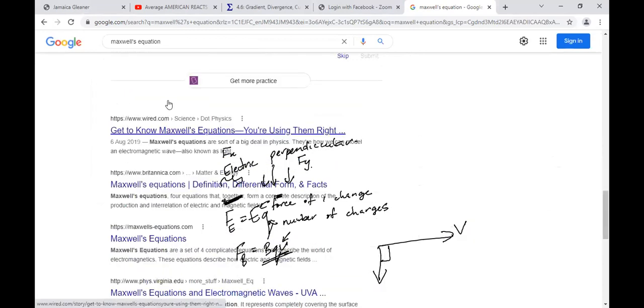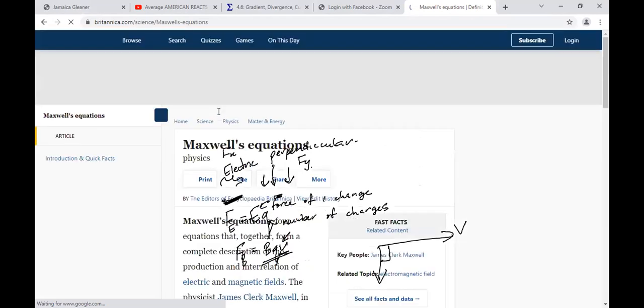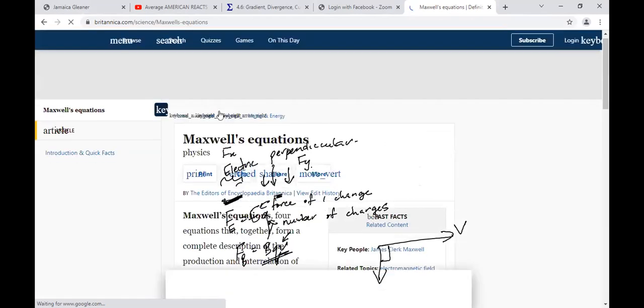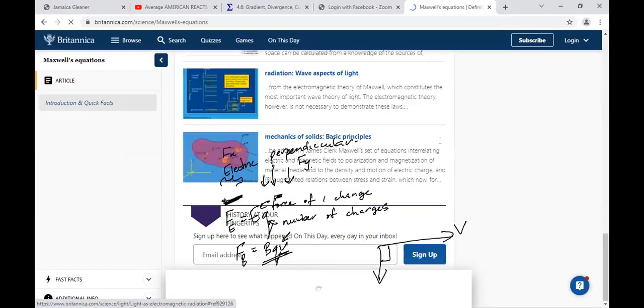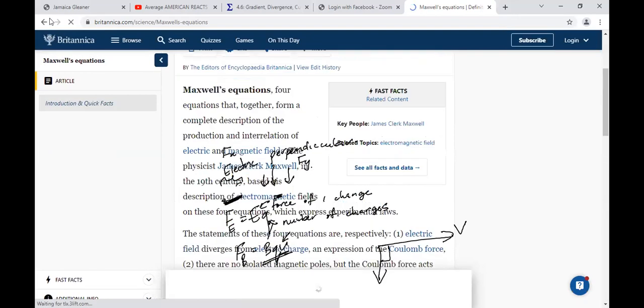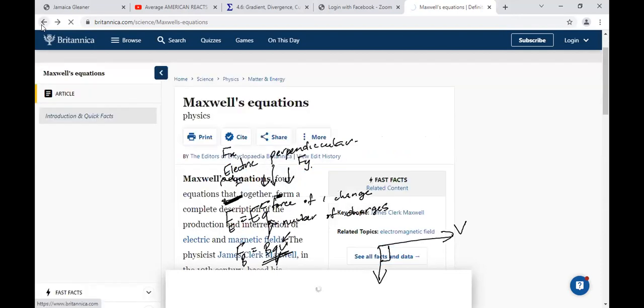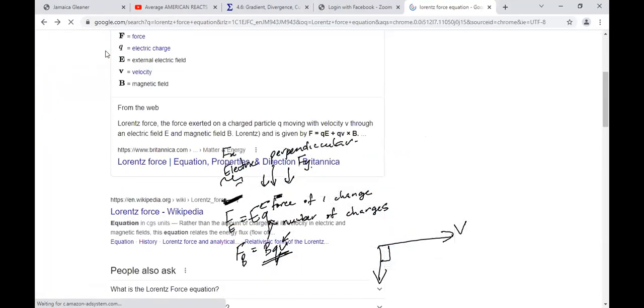The curl of the electric field is equal to the negative, if you remember, partial derivative of B over partial derivative of t. For the magnetic field, I don't remember the full expression, I want to write it out correctly, but I just want to give an explanation as to what they're trying to do.